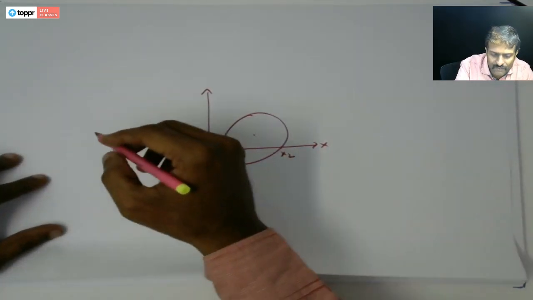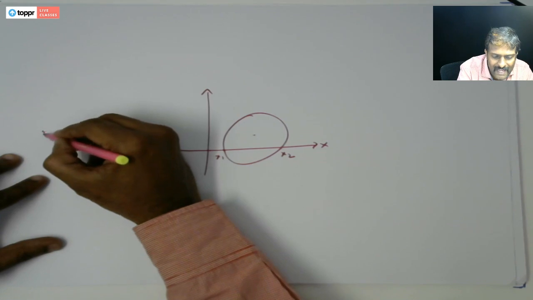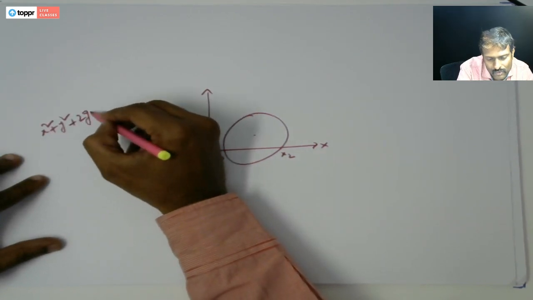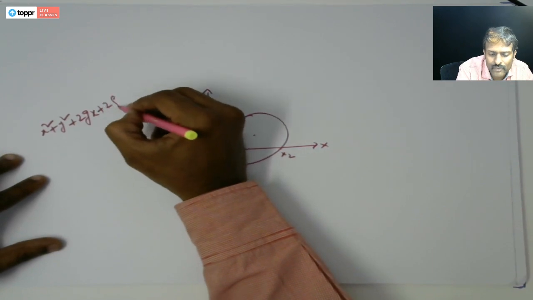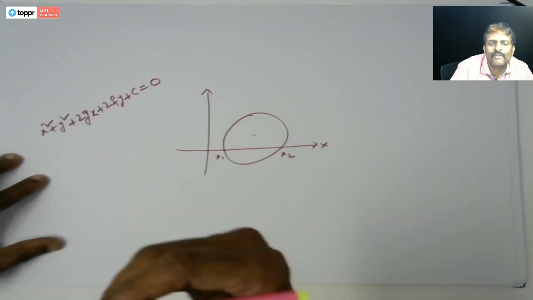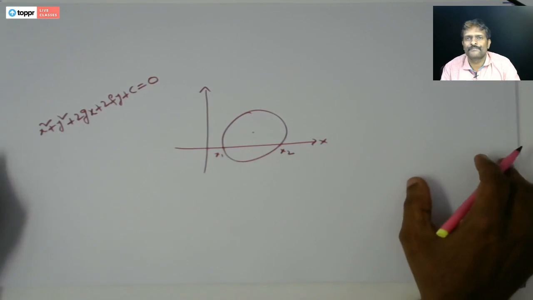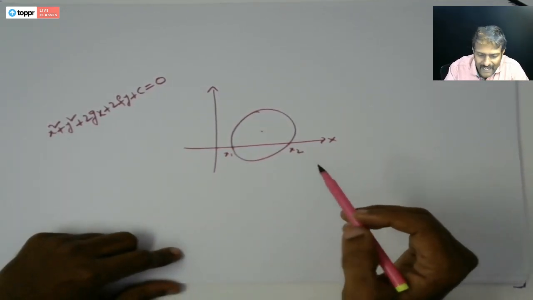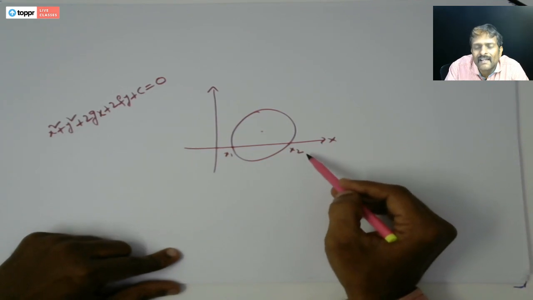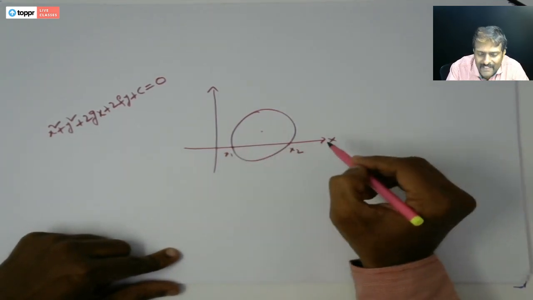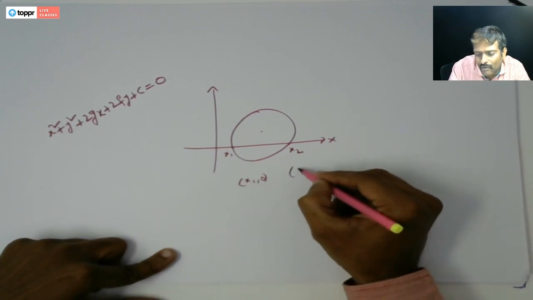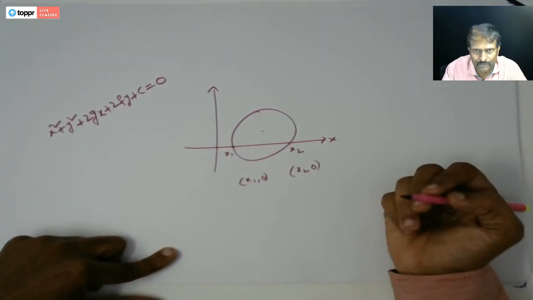Say the equation of the circle is given as x square plus y square plus 2gx plus 2fy plus c is equal to 0. Now if you look at this carefully, I have the points x1 and x2 on the x-axis. That means the 2 points I have are x1 comma 0 and x2 comma 0.